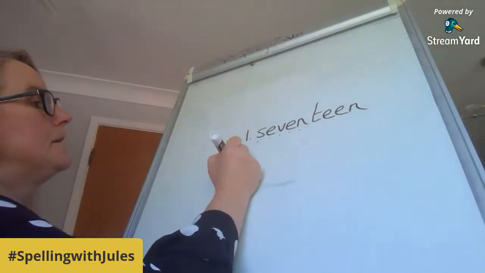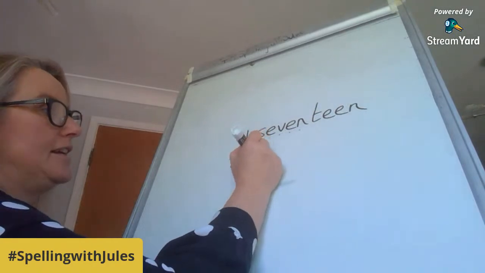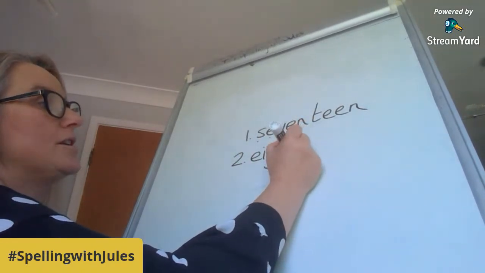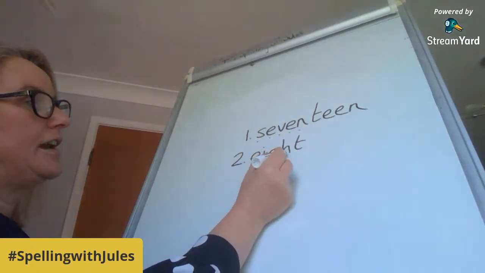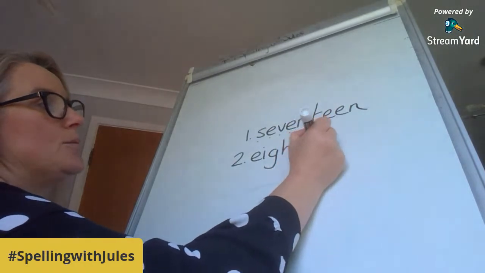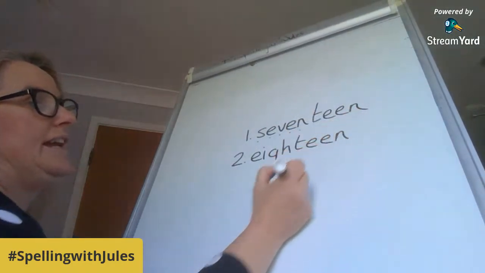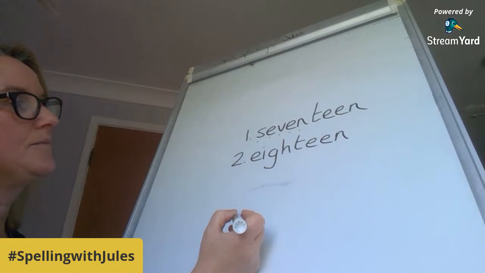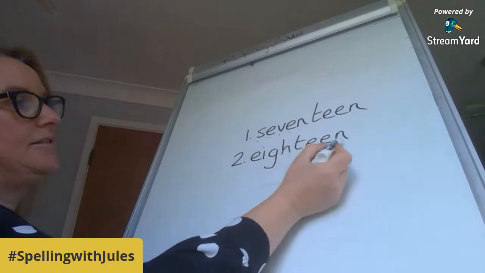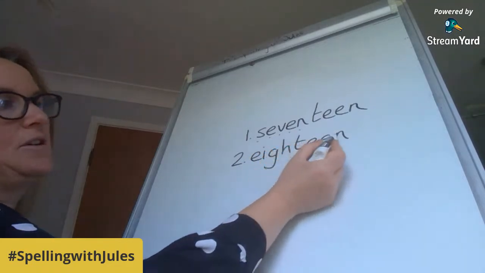Okay. Number 2, 18. So again, as long as you can spell 8, which is hard in itself, EIGHT, then, instead of adding another T, you just put E-E-N on the end. So you can either think of that as dropping the T of 8 to keep teen, or dropping the T of teen.